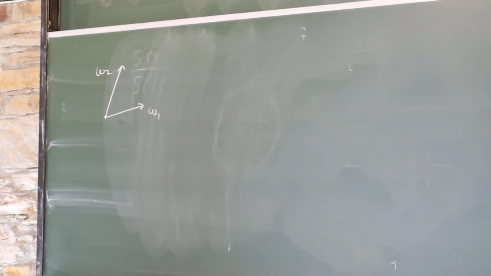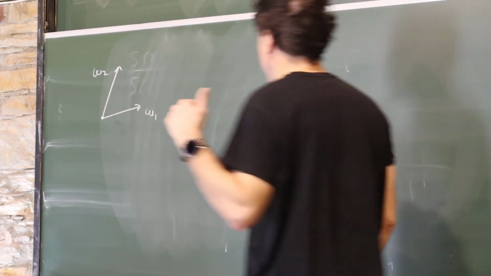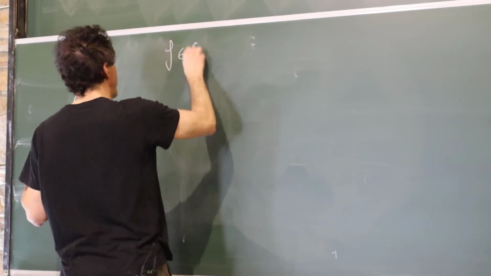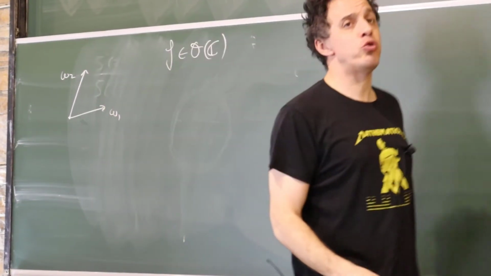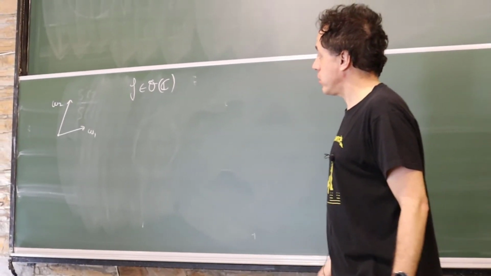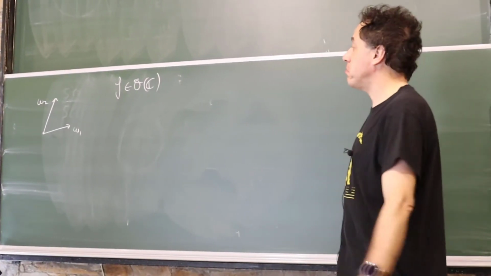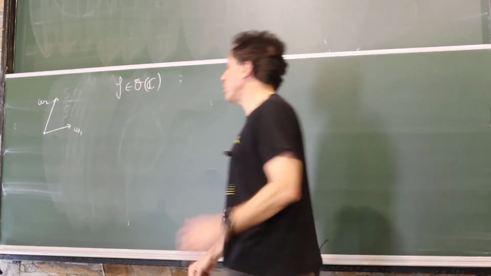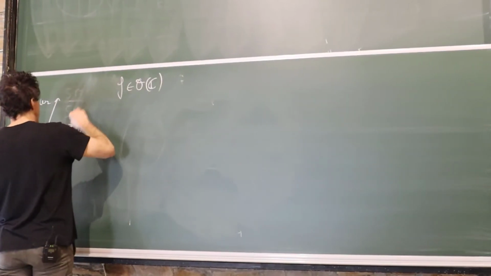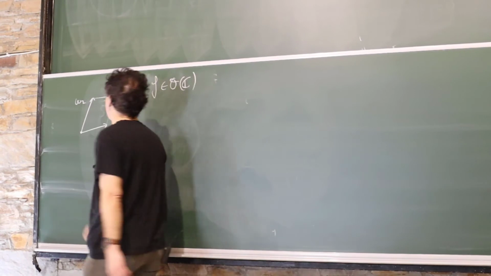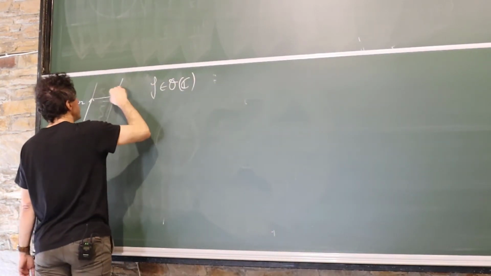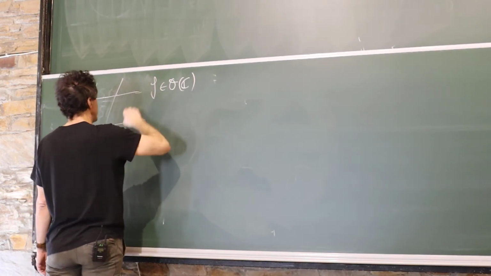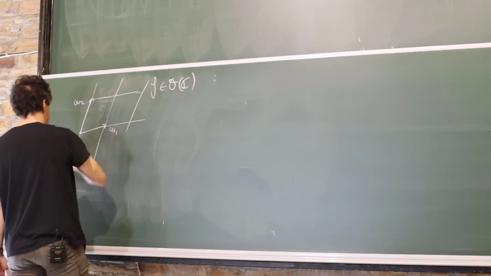First of all, a useful remark. Assume that the function is holomorphic. So assume you have a holomorphic function whose set of periods is generated by two periods like this. What can we say about this function? Very few things can be said because of the following fact. Consider this parallelogram here and consider the tiling of C by parallelograms of the same size.